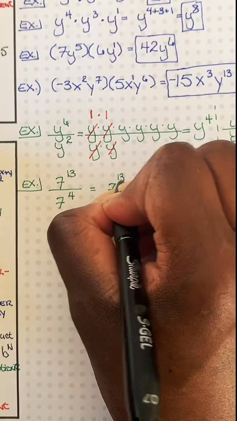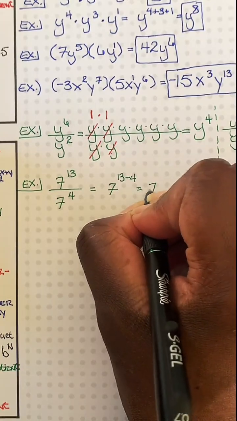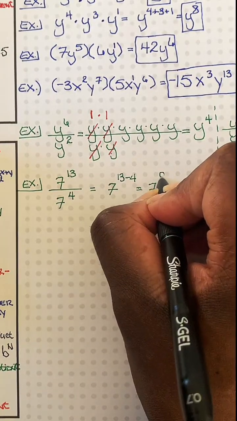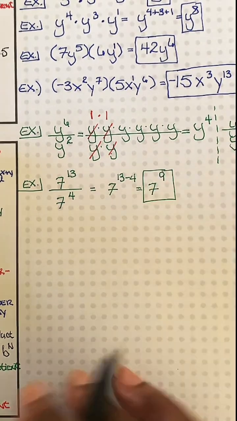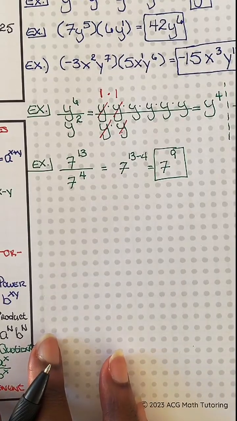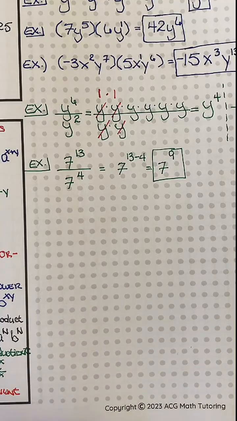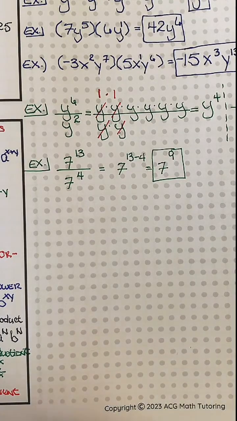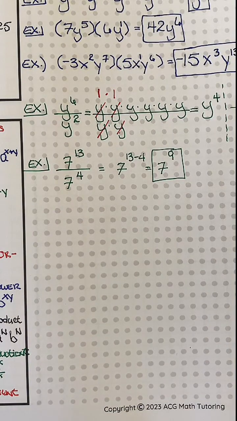So when you have 13 minus 4, you still have your base of 7, but it's raised to the 9th power. You're not doing anything with the base. Most of the work, especially if the bases are the same, is going to be with the exponents.